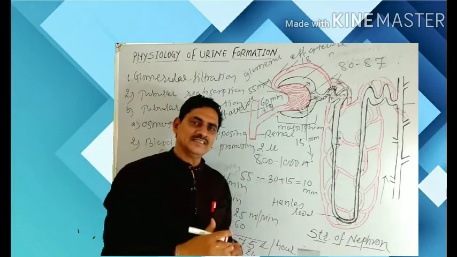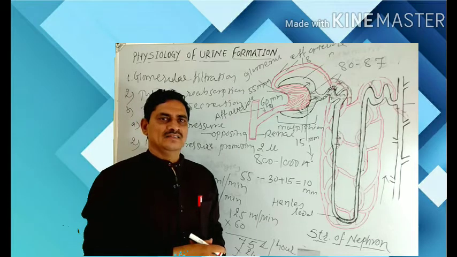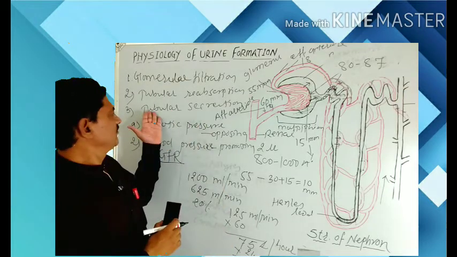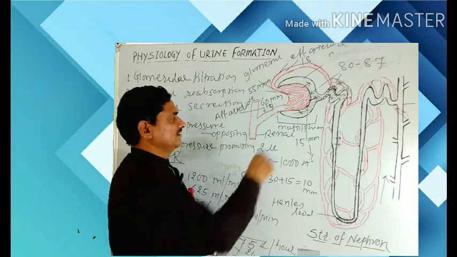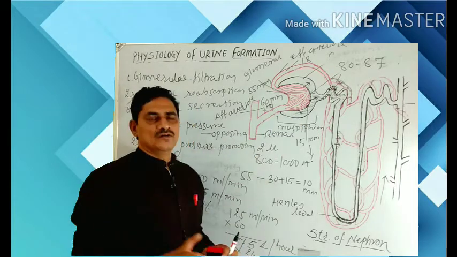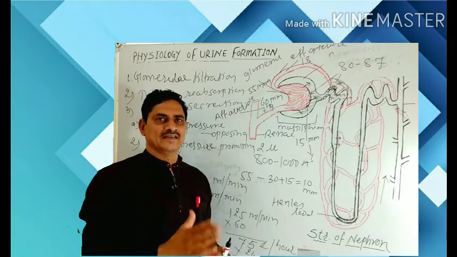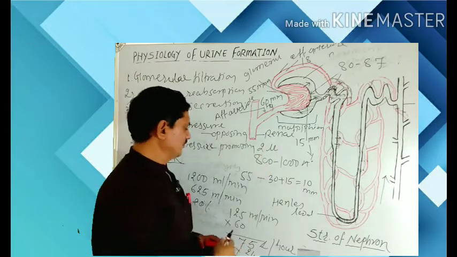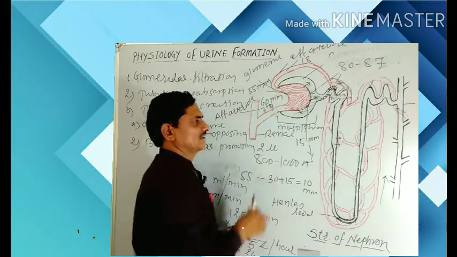So, this is the second stage of urine formation. The last stage is the tubular secretion. In the glomerulus, not all substances are filtered. We know only 25% of the plasma is filtered.